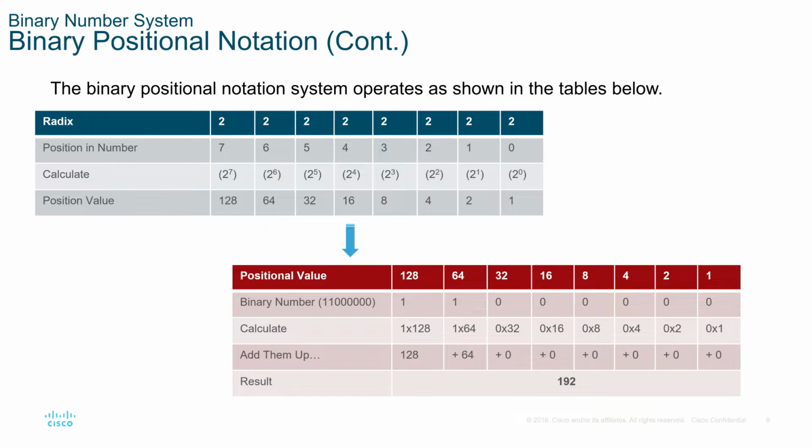To convert a number, we can take their positional value, 128 and 64, the only two columns where there is a 1, add those two together, and we end up with a result of 192. Using a positional weighting method, we can very easily convert from binary to decimal or from decimal back to binary.